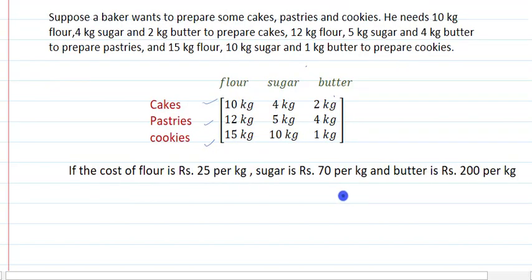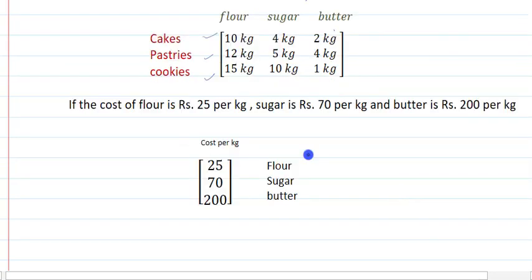First of all, let us think whether it is possible for us to write this statement as a matrix as well. Yes, we can write this in the form of a matrix. How? Let us try to write this. So we can write this information in matrix form like I have written over here.